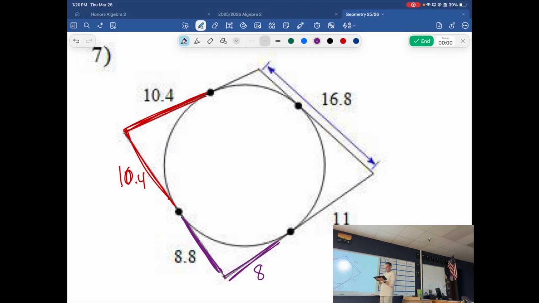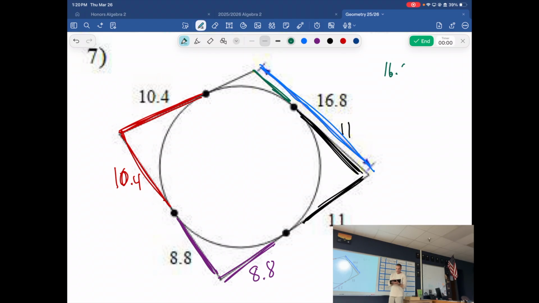This distance is 11, making this distance 11. The black line is 11. The blue line that they have is 16.8. I need to find the green. So if I go 16.8 minus 11, I get 5.8. So the green is 5.8, making this green 5.8.